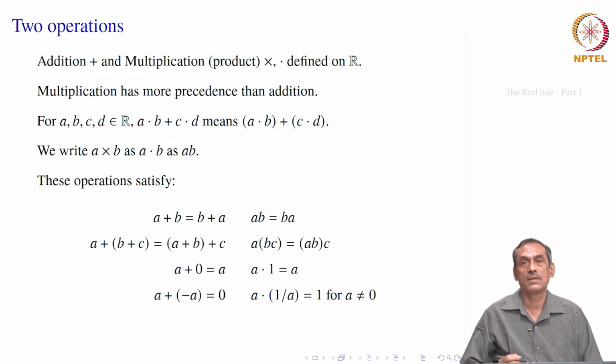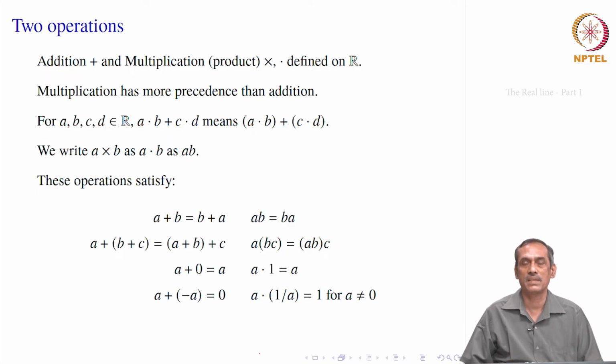Next, corresponding to every A, we will have another number which we write as minus A. And what will happen to that? If you add them together, you will get 0, the identity element of plus. And similarly, for multiplication, if you take A times 1 by A, you will get 1.